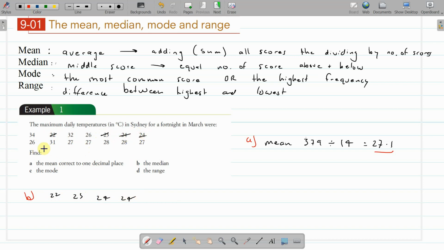We have 2 26s. We have 2 27s. 2 28s. We have a 31, 32, 34.